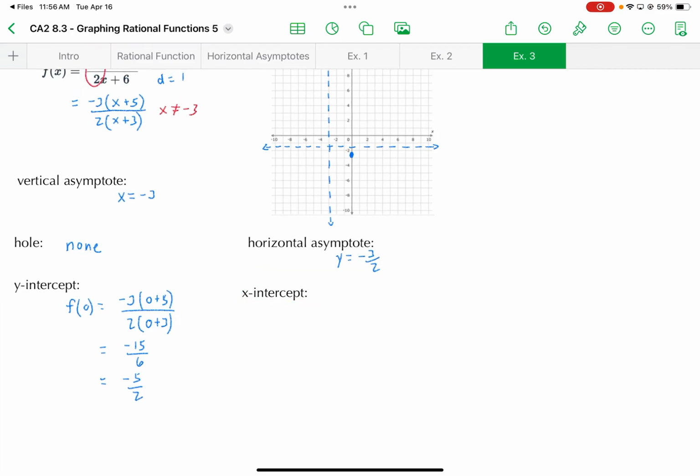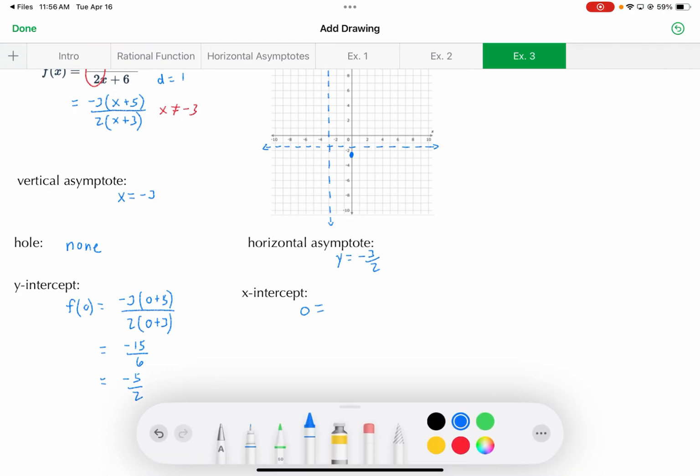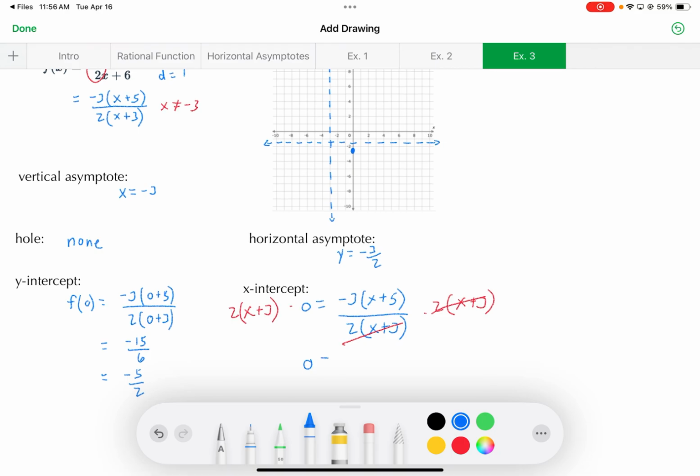And to get your x-intercept, 0 equals -3 times x plus 5 over 2 times x plus 3. Could clear the fraction, multiply both sides by the denominator. Well, 0 times anything is 0.